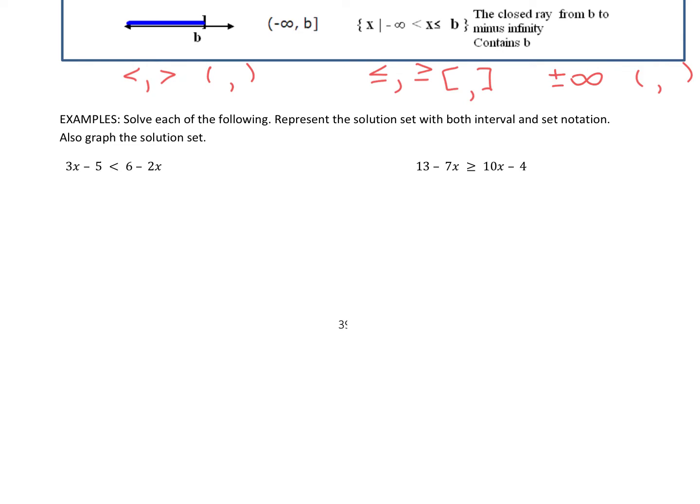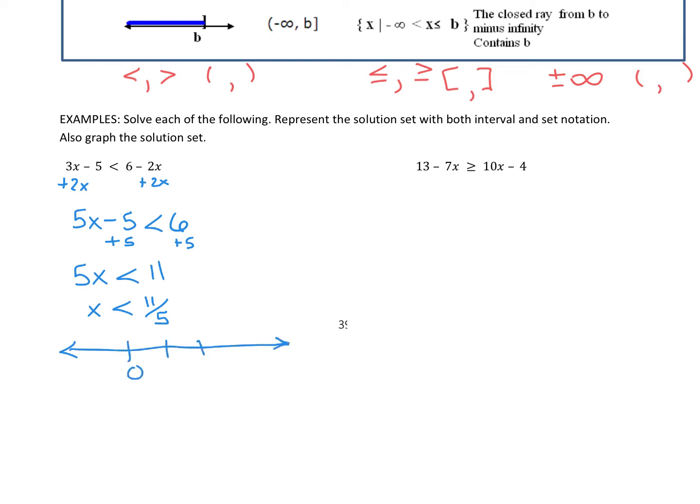We essentially treat this like an equation. I'm going to add 2x to each side. That's going to give me 5x minus 5 is less than 6. Then I will add 5 and get 5x is less than 11. And then I'm dividing. Now I'm dividing by a positive number, so I don't have to worry about switching the inequality.